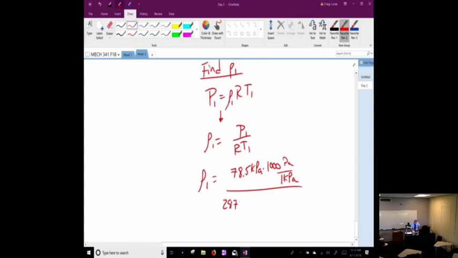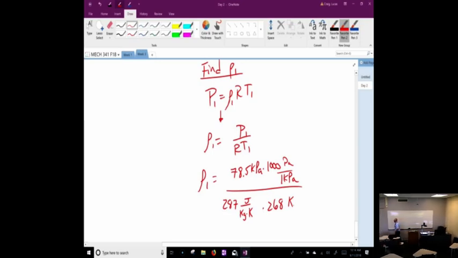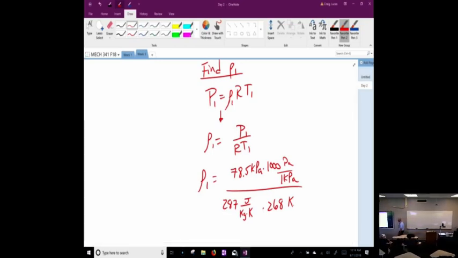Should ring a bell for some of you. And the temperature is 268. So you will probably not find a table that has that pressure and temperature, so you have to use the ideal gas law.